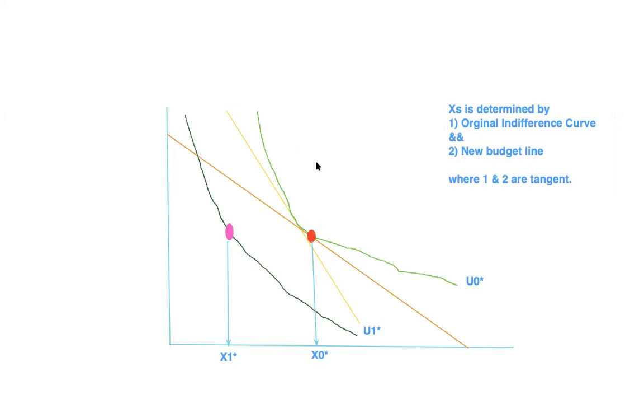For 1 and 2 are tangent. Are you talking about the original one and the new budget line? Yeah. And I'm going to make this a purple dot.